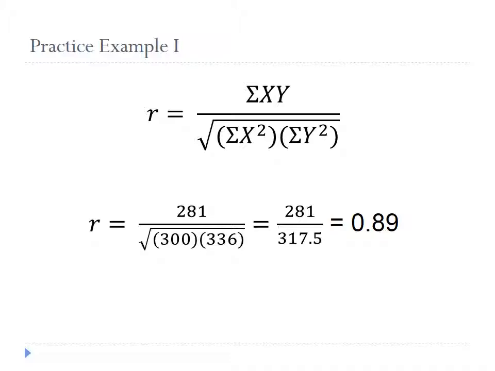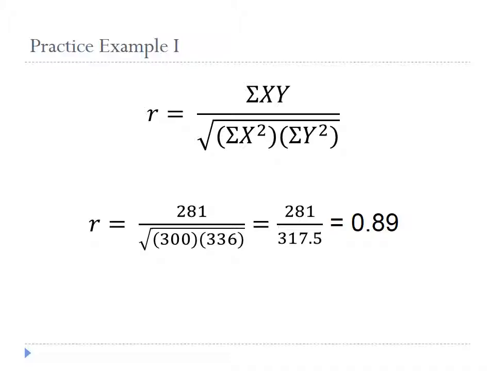From that, we could discern a couple of things. One, it's a positive value. That means that we have a positive correlation. Scores on both tests seem to go in the positive direction.